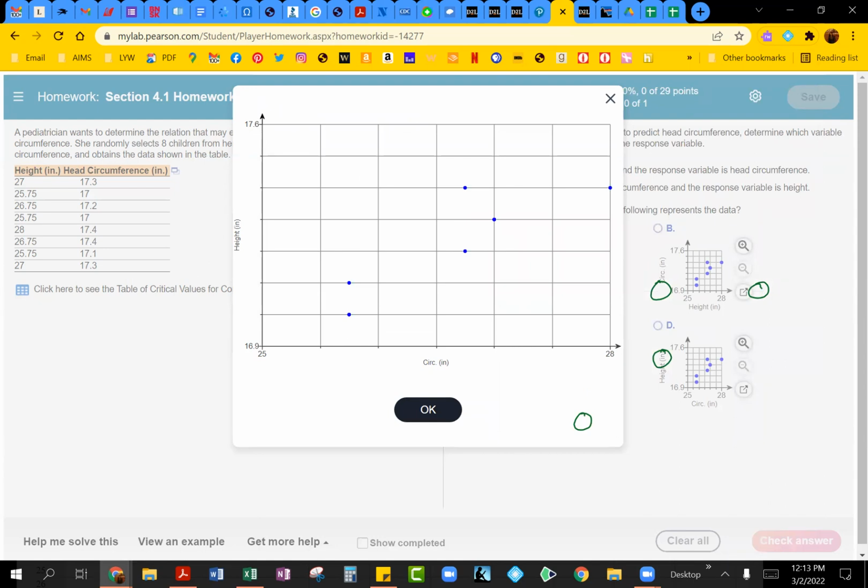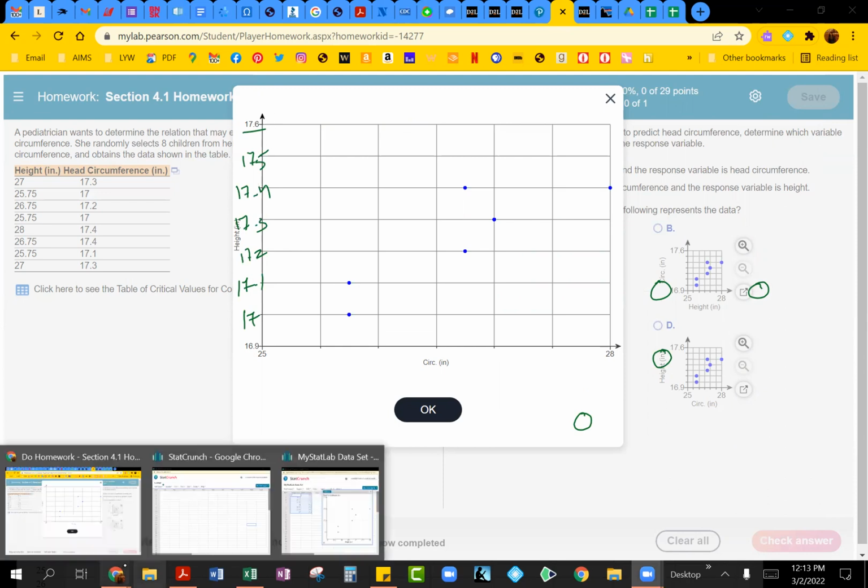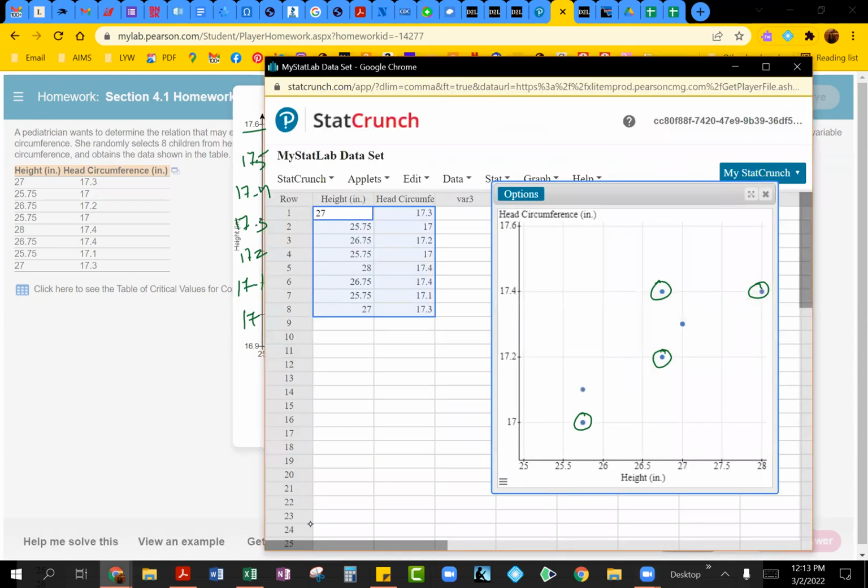So, you know, let's see, you're going from 16.9. So that should be 17, 17.1, 17.2, 17.3, 17.4, 17.5, and then 17.6. So you can definitely see this is not the guy because you have 17 and 17.